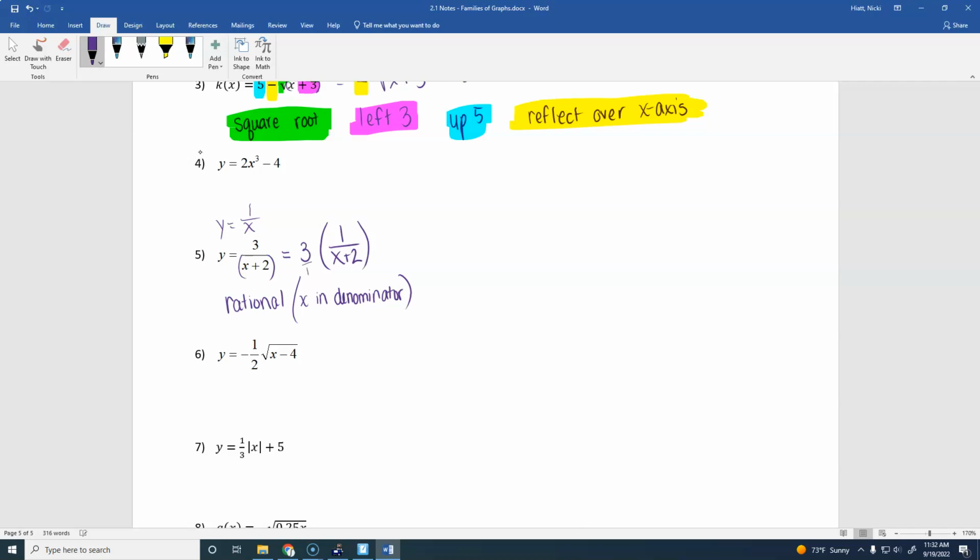I'd multiply the numerators together, which would give me 3, and the denominators together, x plus 2. So that 3 you can think of as being on the outside, and you've got parentheses around that denominator. So it is multiplied and it is on the outside of the parentheses.